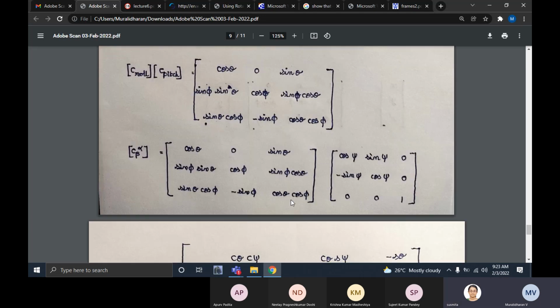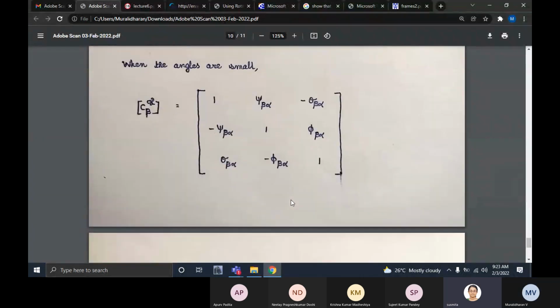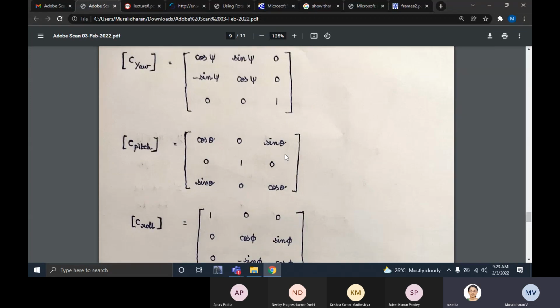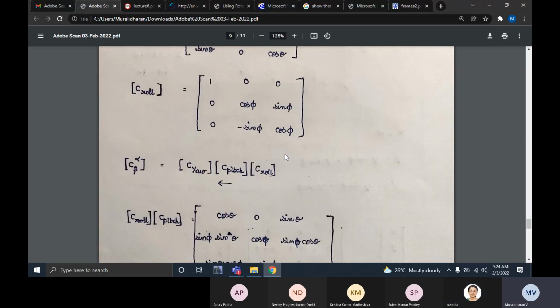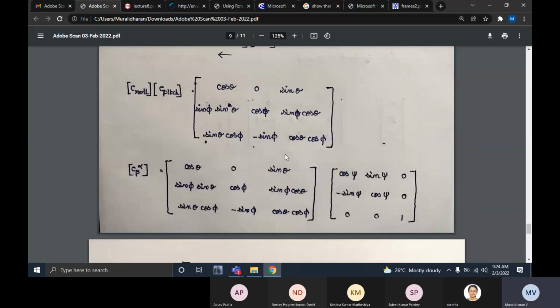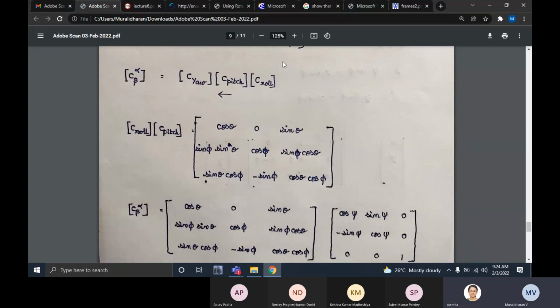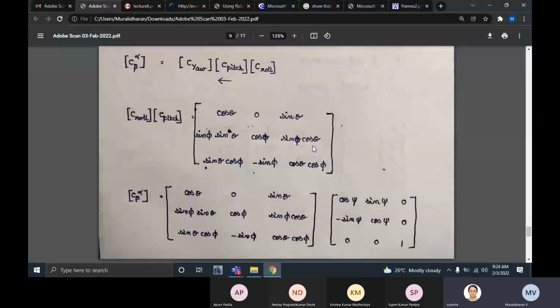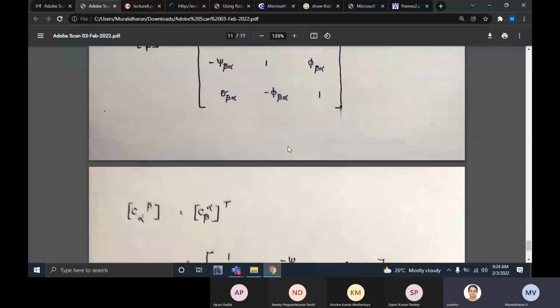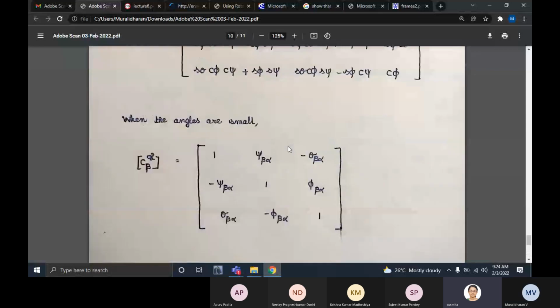For the first matrix psi, second theta, third phi. I multiplied them in the reverse way to prove that the inverse is the same. That was also discussed in the class. Next. The remaining problems I couldn't visualize, ma'am. I'll try again.